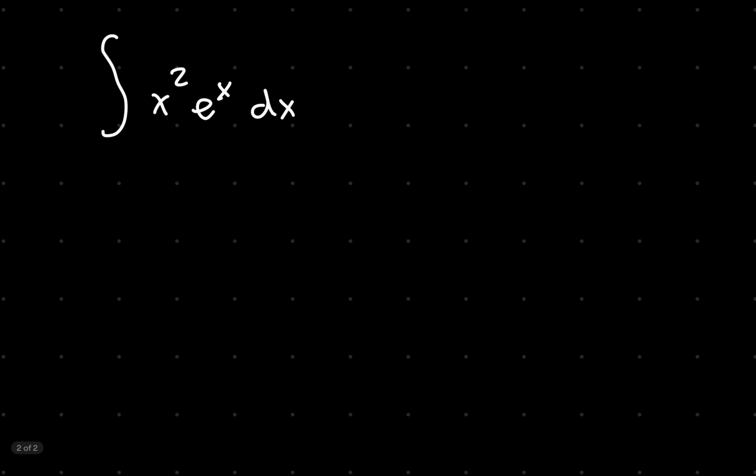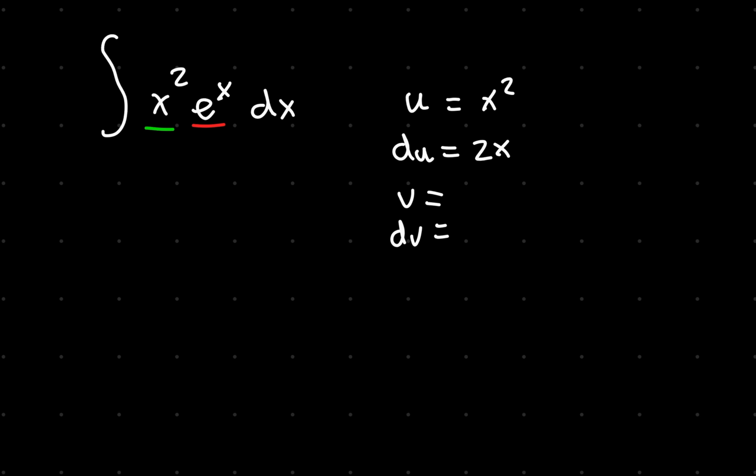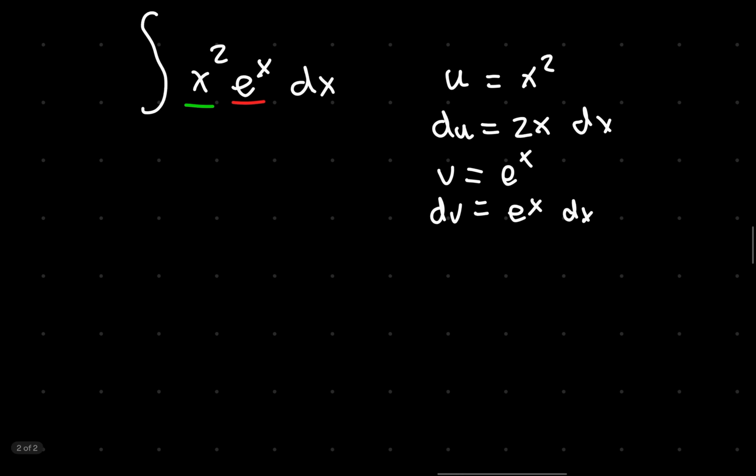Okay, so as we do, x squared is algebraic, e to the x is exponential, u, du, v, dv. Okay, x squared, we're just running through the motions at this stage. It should feel like clockwork doing this. And e to the x integrated, simply e to the x.